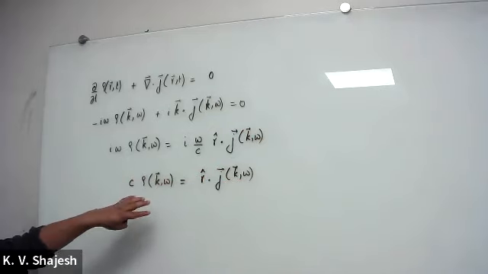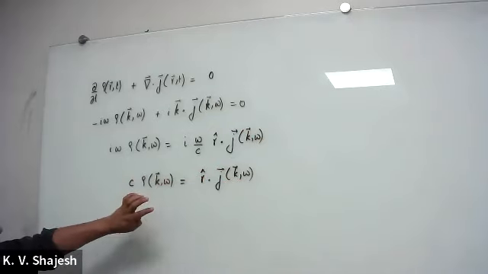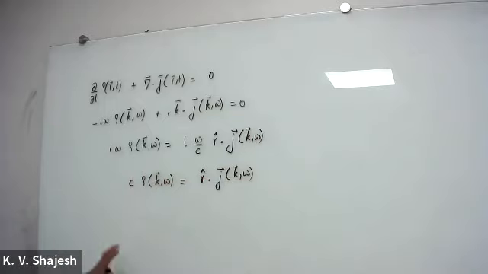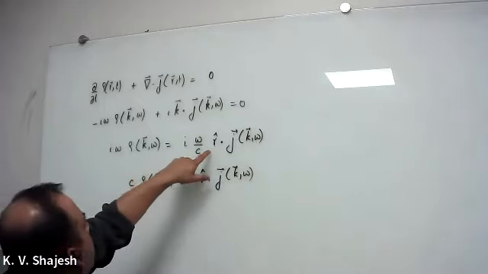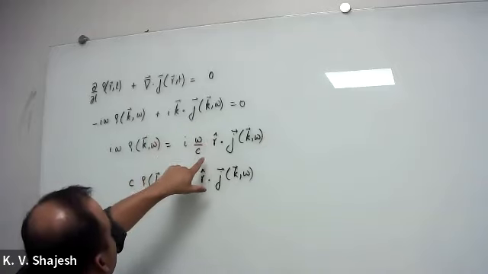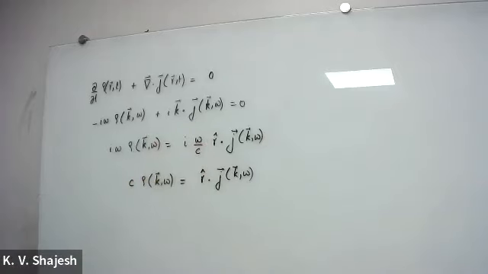So current conservation or charge conservation in the frequency domain, especially with the replacement of k with omega over c, reads like this. In the far field approximation, it reads like that.